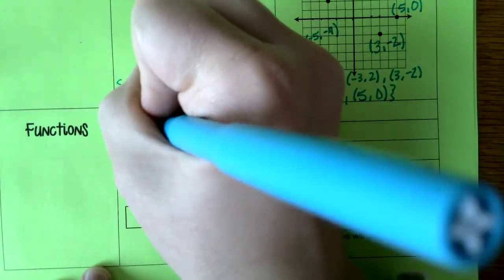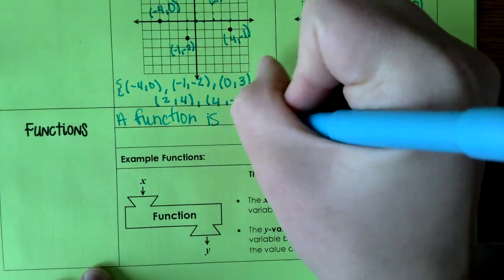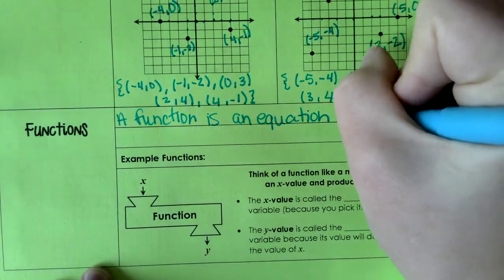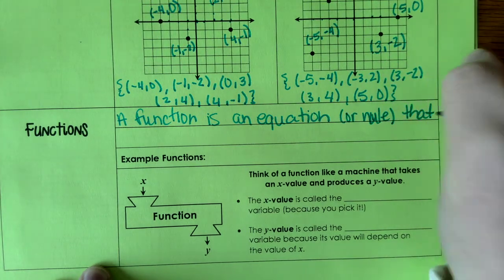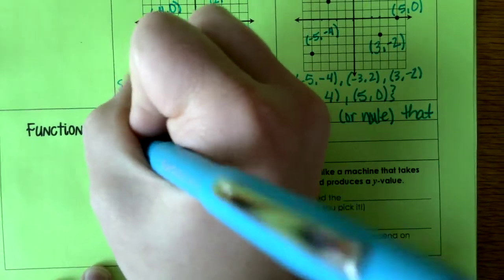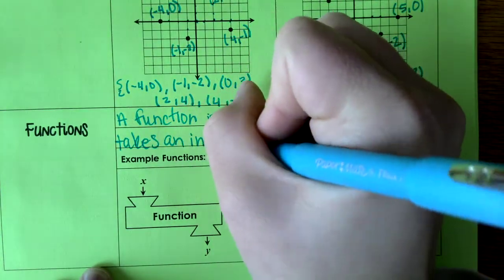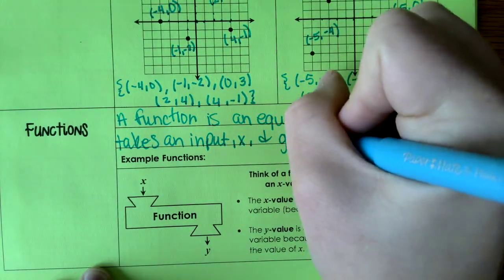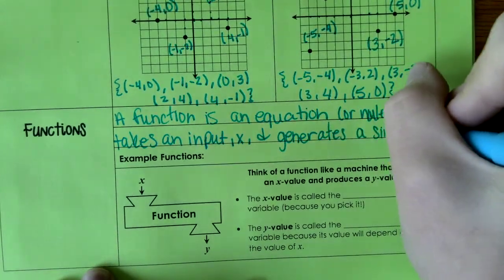Now we're going to move on to functions. And so what is a function? Well, a function is an equation, or we can call it a rule, that takes an input, and our input are our x values, and generates a single output.